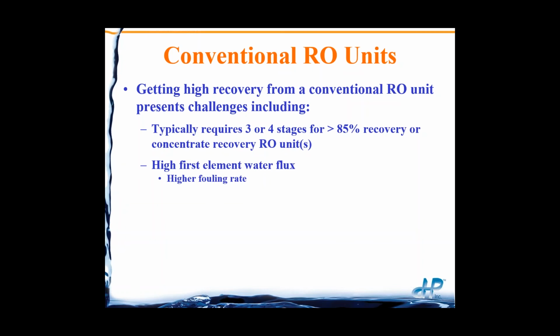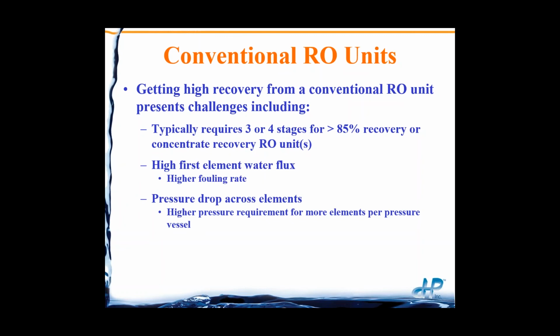In all conventional RO units, the first element is going to be the highest fouling element because it has the highest water flux rate. Water flux being the gallons of permeate per square foot of membrane per day, or liters of permeate per square meter of membrane per hour, whether we're talking about American units or metric units.